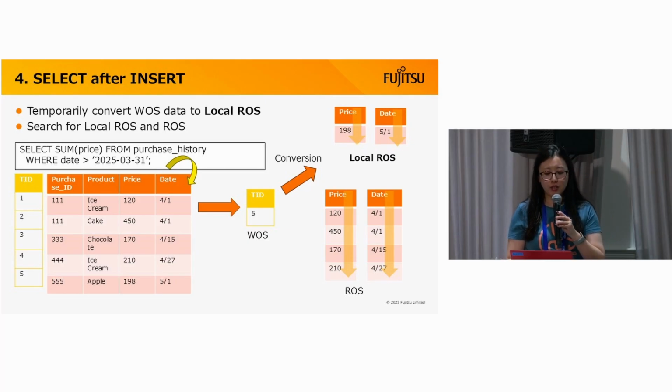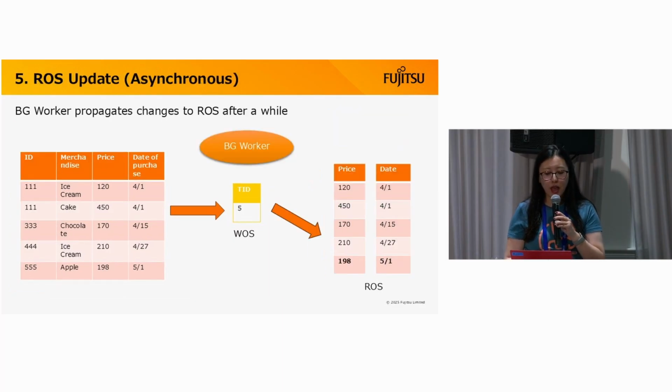With the update, the data that was in WOS is not always in WOS. After a while, it is converted to ROS by background workers who manage or control ROS. So the conversion from WOS to ROS is performed asynchronously with the transaction.